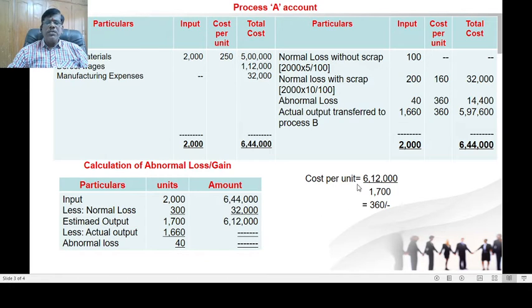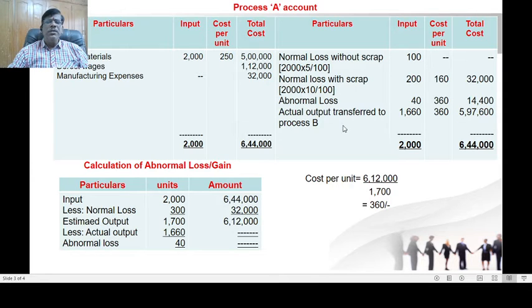Now the cost per unit you have to calculate: estimated cost divided by estimated output. Estimated cost is 6 lakhs 12,000 divided by estimated output 1,700, you will get 360 per unit.